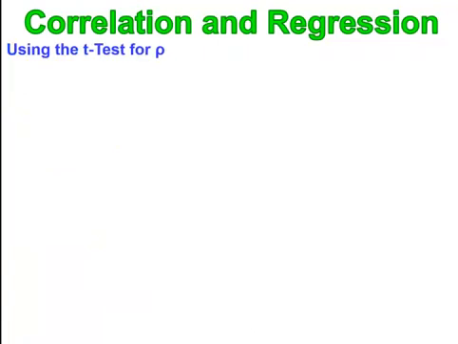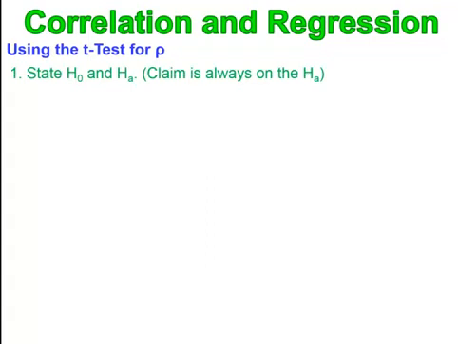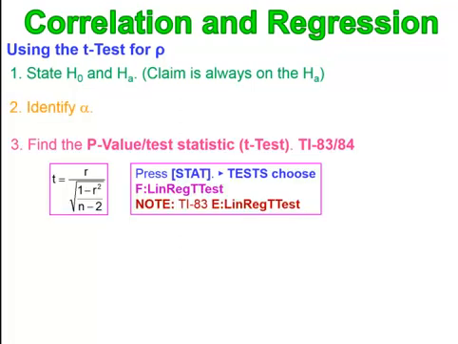Here's the process for using the t-test for rho. You want to first state the null and the alternative statement, and again, the claim will be on the alternative. Identify alpha. Once you have alpha, you want to find your p-value because you're going to compare it to alpha. Find the p-value by going to that stat option and arrowing over to test.